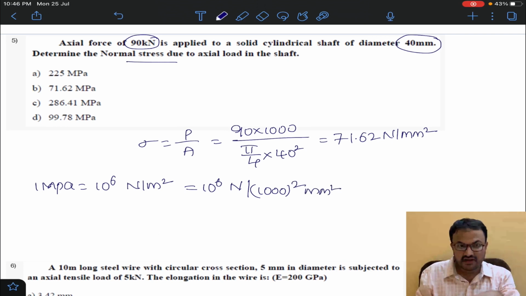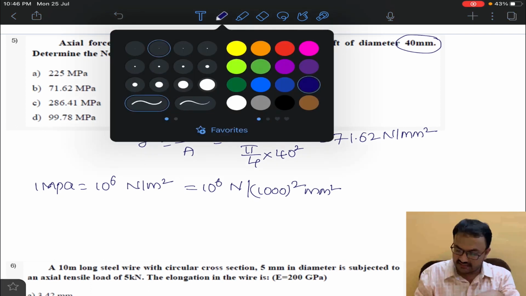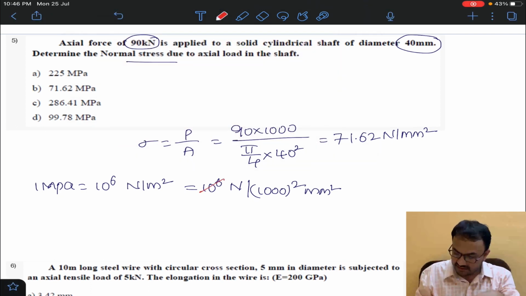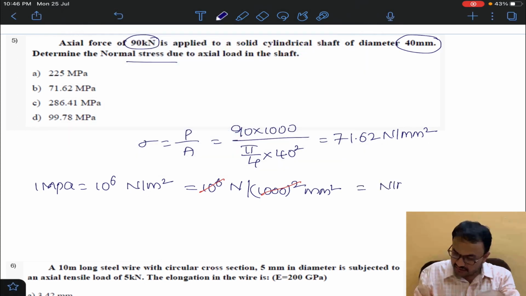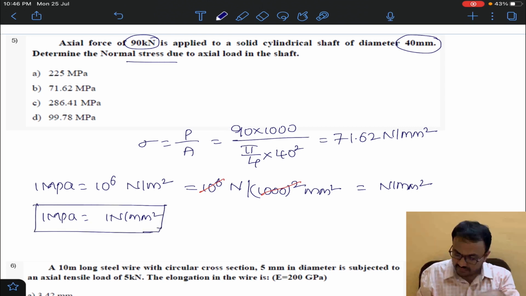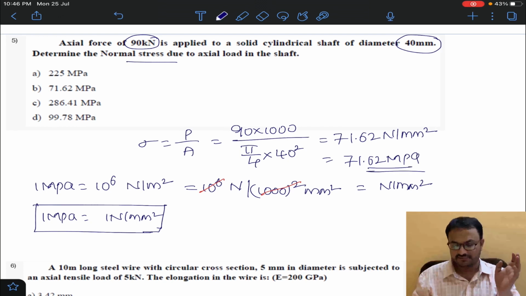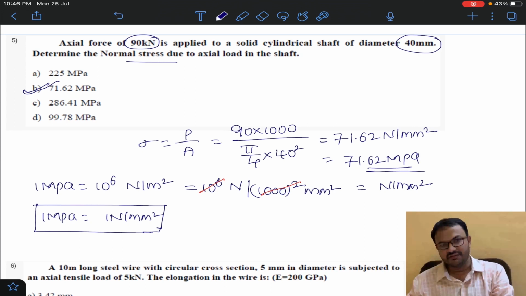So 1000 square and 10 power 6 will get cancelled, and finally we get Newton per mm square. So you need to remember this: 1 MPa is equal to 1 Newton per mm square. Clear? So 71.62 Newton per mm square means it is 71.62 MPa. So for the question, it is option B.